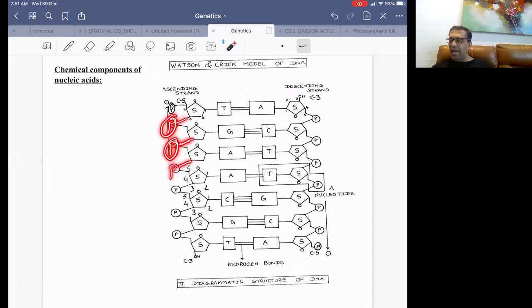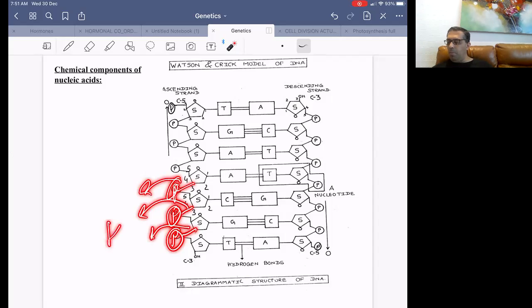OH used for phosphodiester bond, again and again, and water molecules are formed.